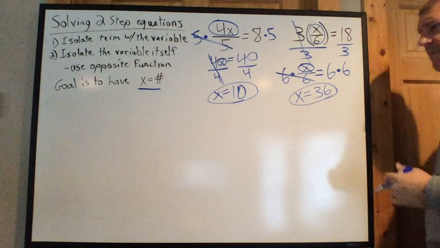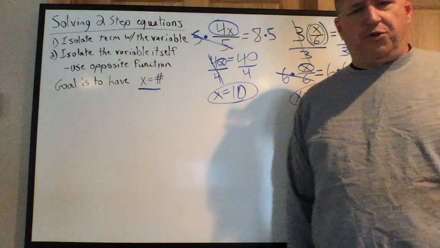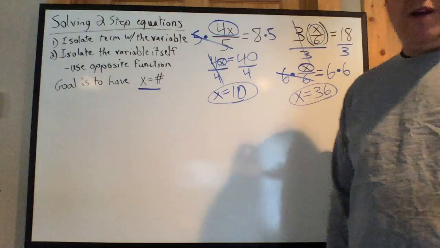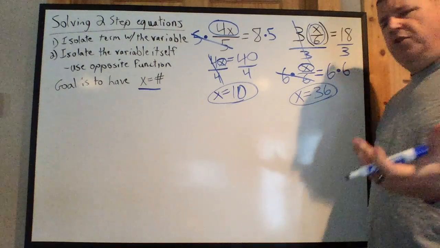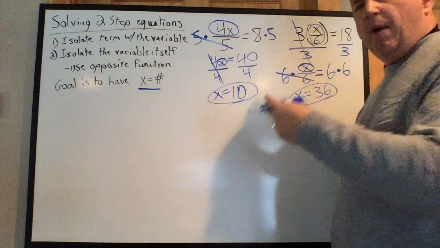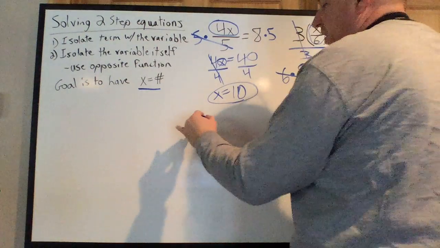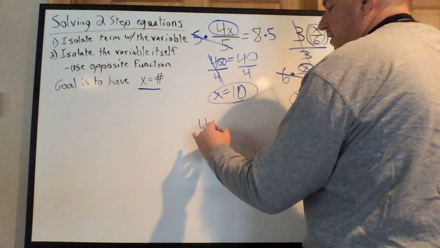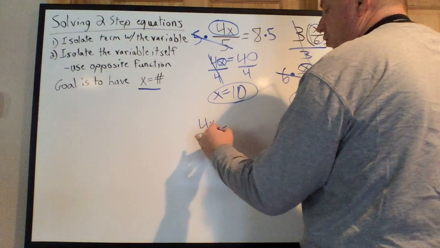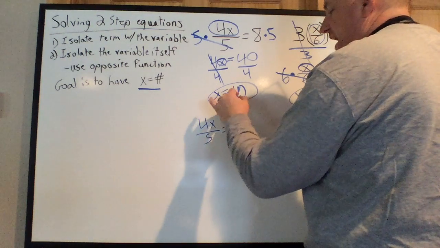Now, some of you may be asking, well, how do I know if my answer is correct? How do I know if I've done my arithmetic correct? Good question. So what we're going to do is take our original equation and plug our answer into the original equation and see if it makes a true statement. So we have 4x divided by 5 equals 8. We're going to plug the 10 in for the x.